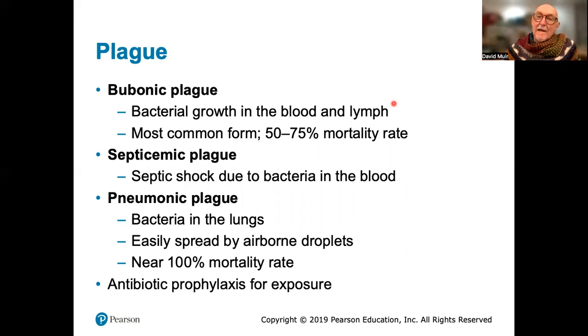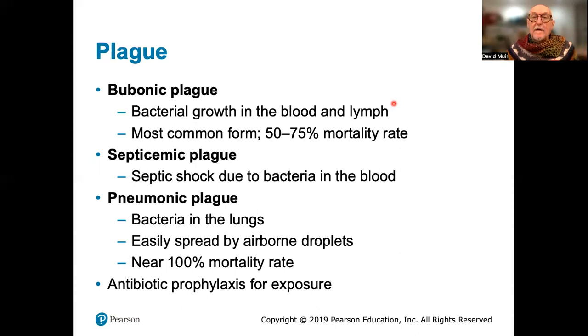And this is the second way that the bacterium can be acquired, through droplets. So all of that together, fleas spreading the disease, and then the pneumonic plague element, meant that in the cities, in crowded settings, on ships, all over the place, this disease spread like wildfire.